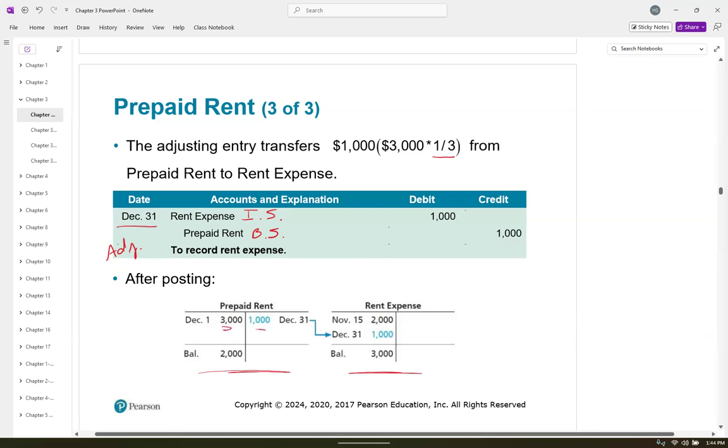We're adjusting 1,000 out to give it a balance of 2,000. That makes sense because this prepaid rent is good for January and February. So we have an asset of $2,000, which is exactly what it's worth, because we have 2 more months. After each one of those months, we'll make this exact same adjusting entry to make sure that $1,000 gets put on each month.